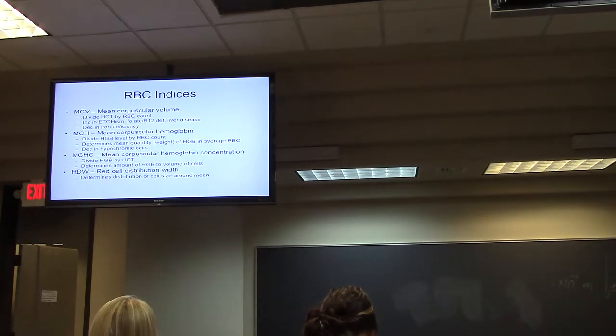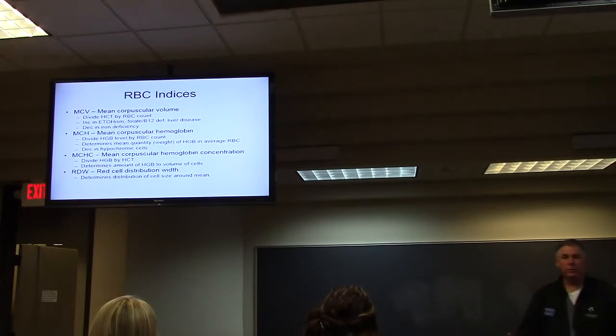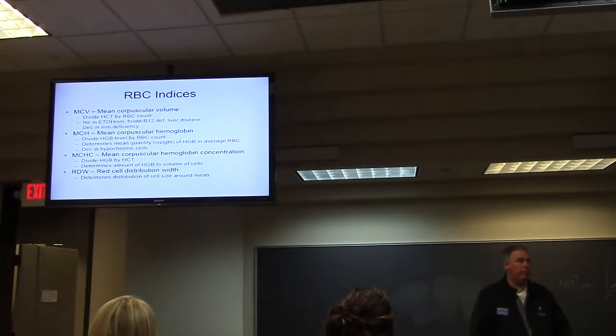Thalassemia is something that would be very high, especially if she was of Mediterranean descent. Okay? Asian, not so much. Mediterranean descent, yep, that would be high on my list.